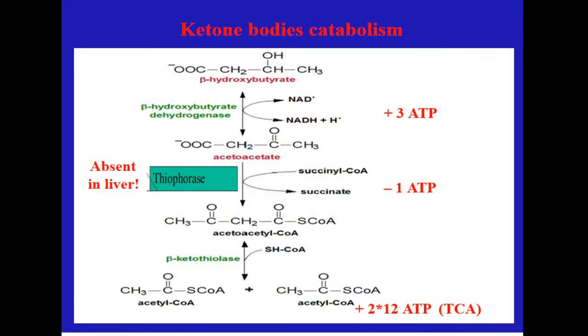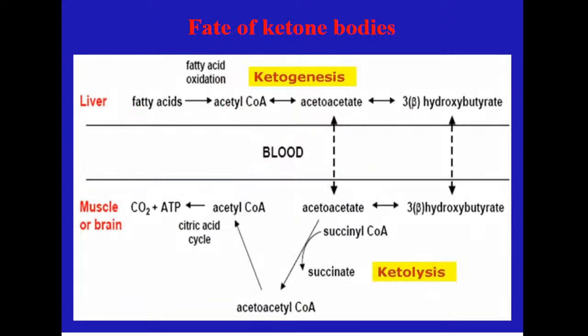So what is this ketogenesis, for what is it necessary? Really, it's like a transport of acetyl-CoA to the peripheral tissue, because acetyl-CoA is a source of ketone bodies that will go by blood to the peripheral tissue, for example, muscle, cardiomyocytes, brain cells, and will be converted back to acetyl-CoA.